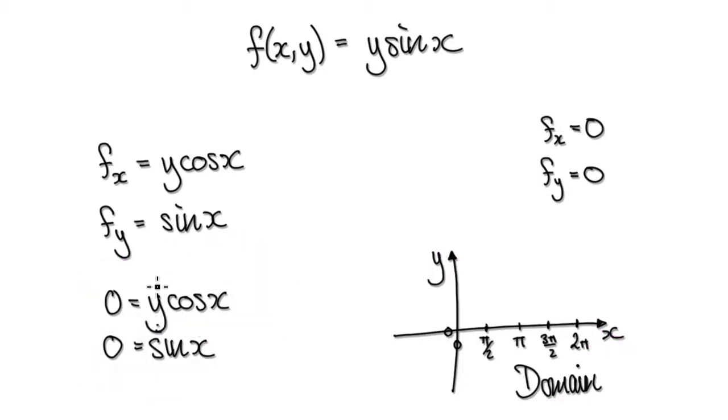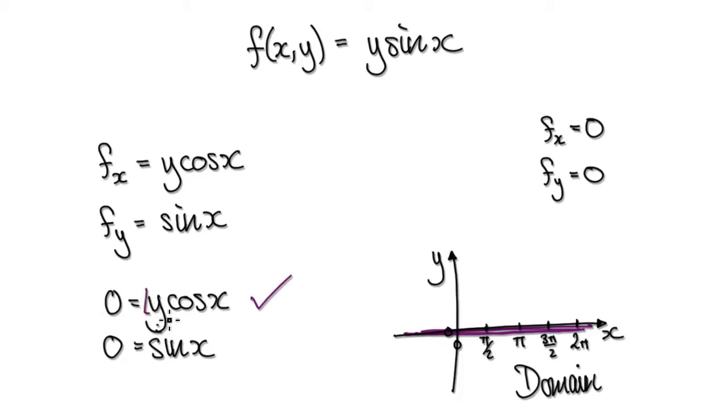Looking at this, you've got one block multiplying with this block. Whenever y equals 0, then the whole thing will be 0. So that means y equals 0 is along here. Any time you're on this line, you would satisfy this thing here.